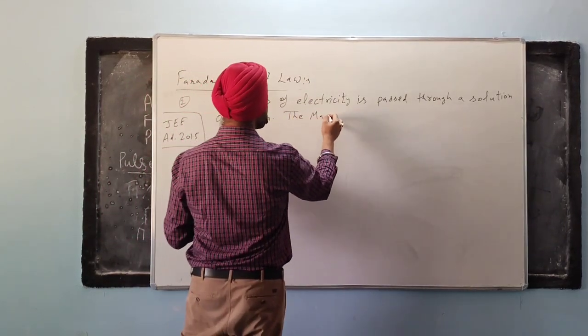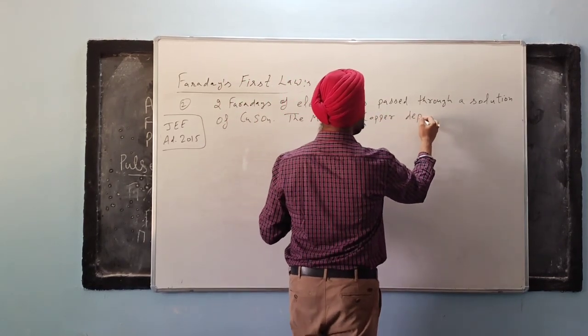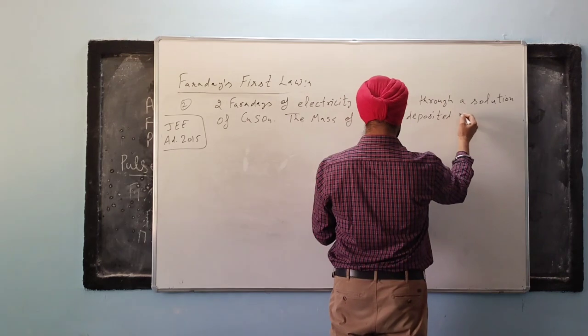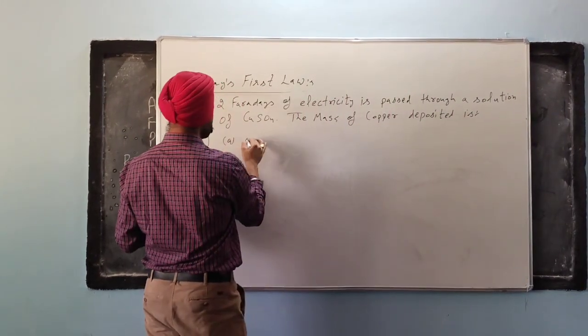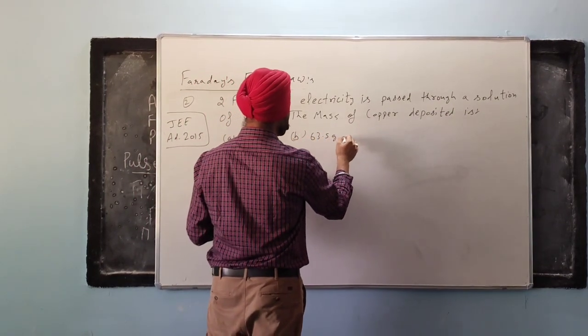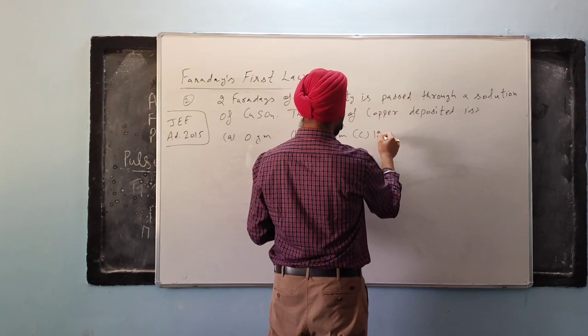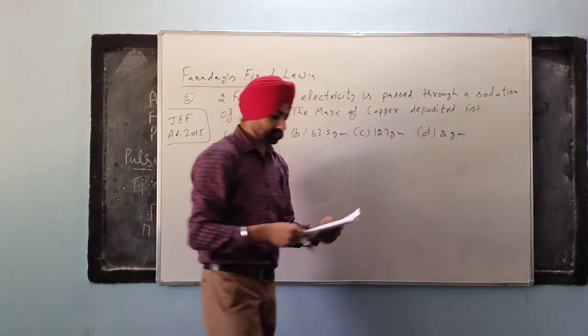The mass of copper deposited is, option A is 0 gram, option B is 63.5 gram, option C is 127 gram, option D is 2 gram. Now, how to solve this question?